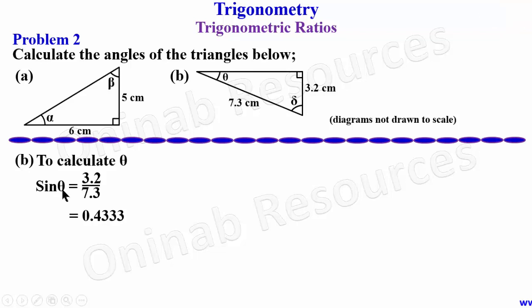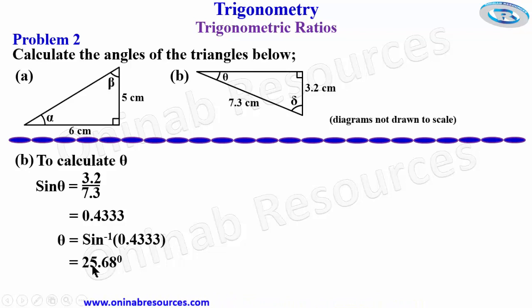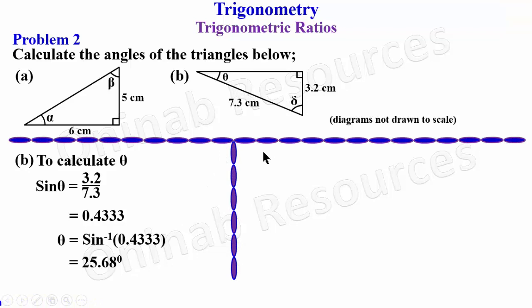Taking the inverse, we have theta to be sine inverse of 0.4333, which gives 25.68 degrees. Then we go ahead again to calculate delta.